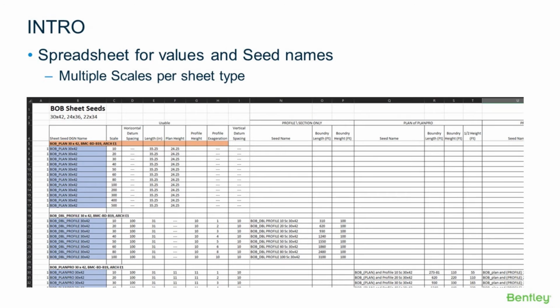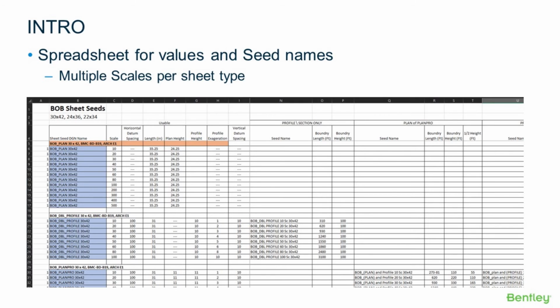Typically what I do is I will set up a spreadsheet of all the sheet seeds that I'm creating. This is one using multiple scales per type of sheet seed. So I've got one, in this case, plan for that sheet size, and then all the different scales, and then the next type of sheet and all the scales that I'm setting up for that.